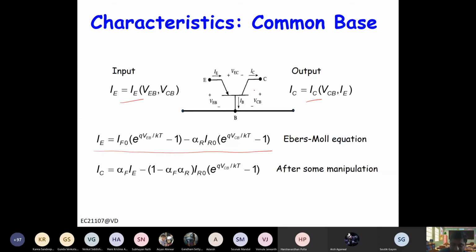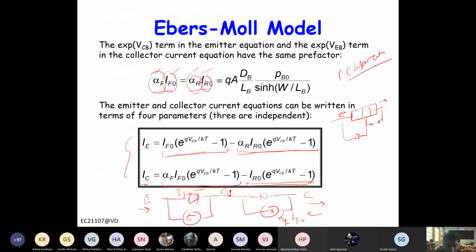So IC can be written as, if you look here, alpha F IF minus IR naught exponential term. If you substitute IF, this term IF naught exponential QV by KT minus 1 can be written as IE plus IR naught and the exponential term, right?